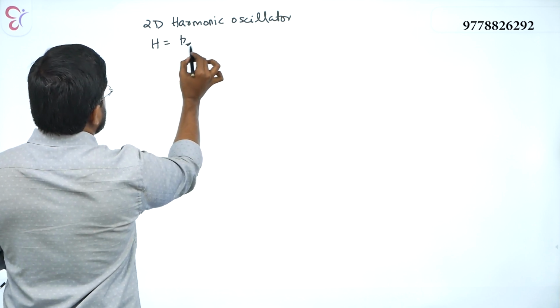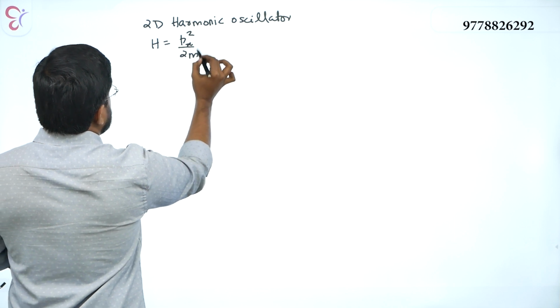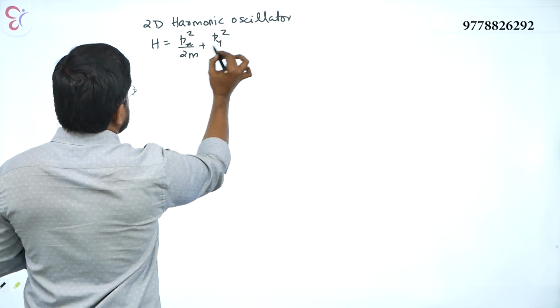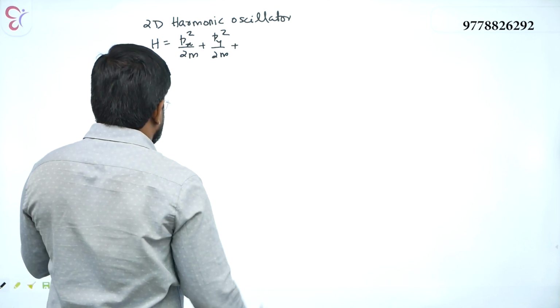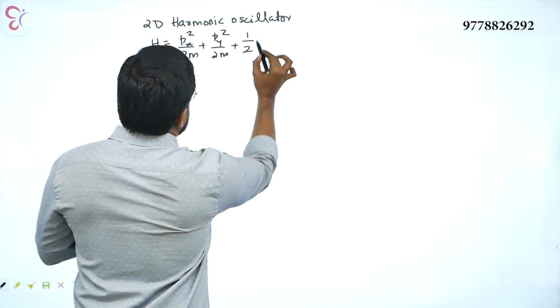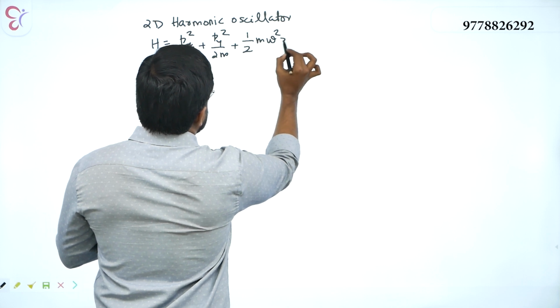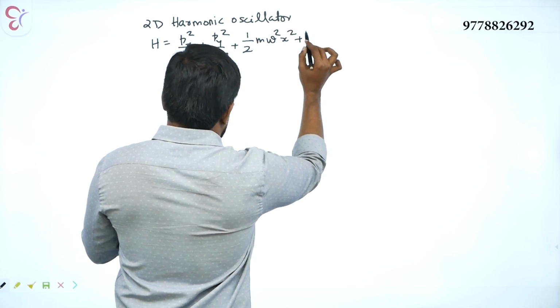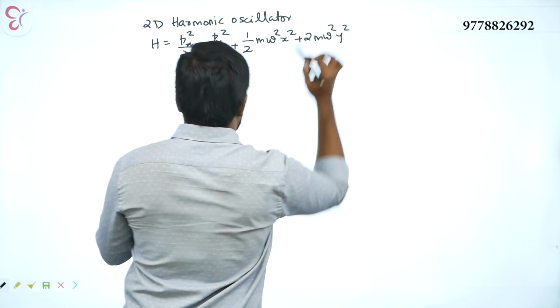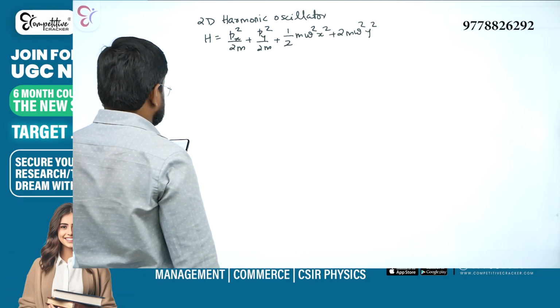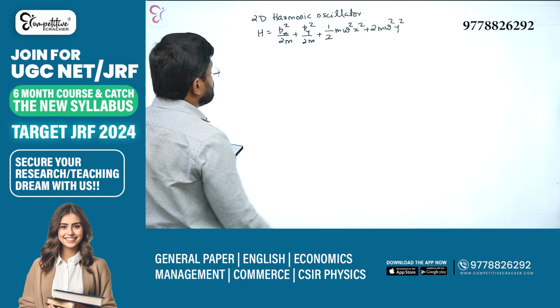It is px² / 2m + py² / 2m + (1/2) m ω² x² + 2m ω² y². So this is the Hamiltonian that we have got.